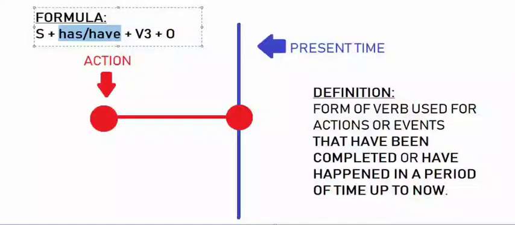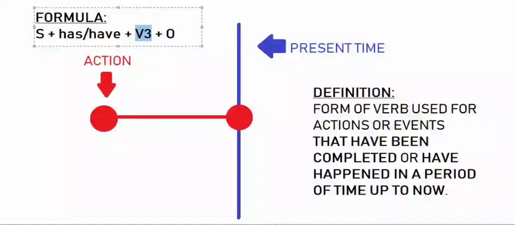And remember that we will be using V3. What is V3 again? It is the past participle of a verb. So if you take any verb and change it a little bit by adding ing or ed or en, whatever is appropriate or relevant, it becomes V3.